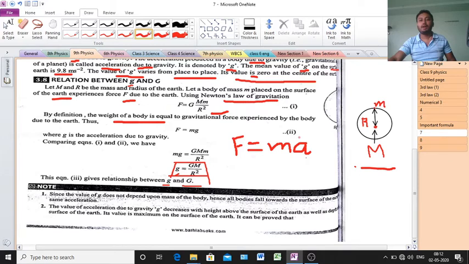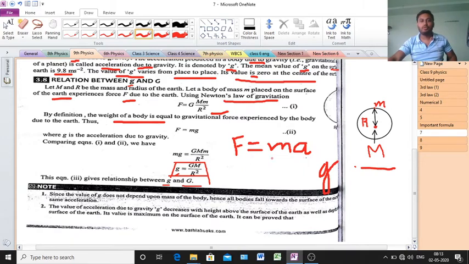Here m is the mass of the body, that means the mobile phone, and a is the acceleration. In the case of gravitation, instead of a, just write g, that means acceleration due to gravity.